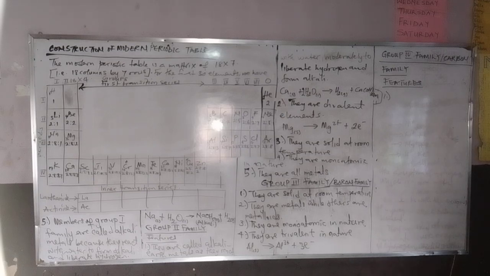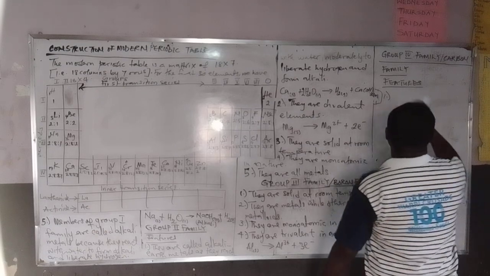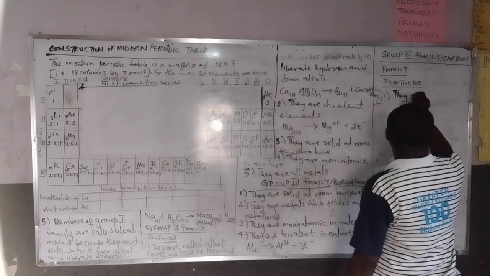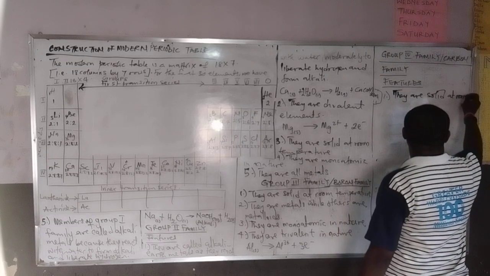Another carbon you have, if you cook rice and it gets burnt, that black solid you scrape at the bottom of the pot is carbon. So from all this description, you will know that they are solid at room temperature.